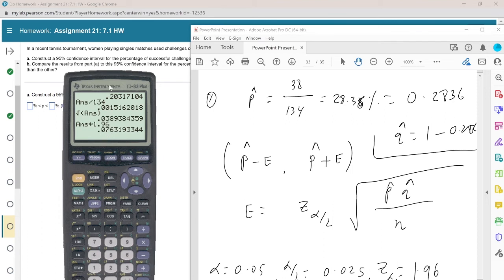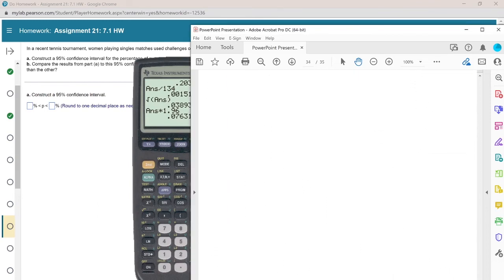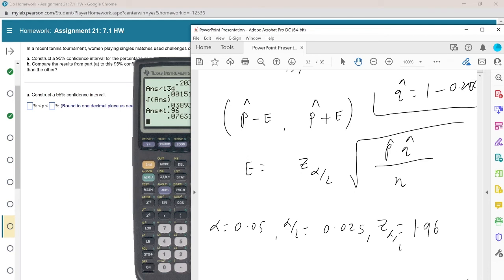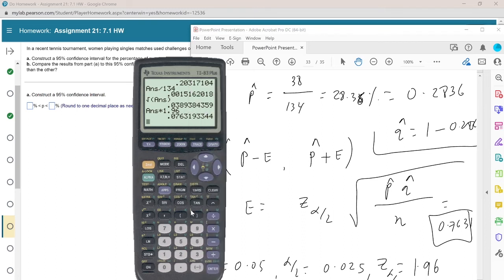This is the E. Okay, so now this is the E. Margin of error is 7.6%, so margin of error is 0.0763. So for finding the confidence interval, you just have to subtract the margin of error from the sample proportion, which is 0.2836, so 0.2836 minus this margin of error, which is 0.0763.